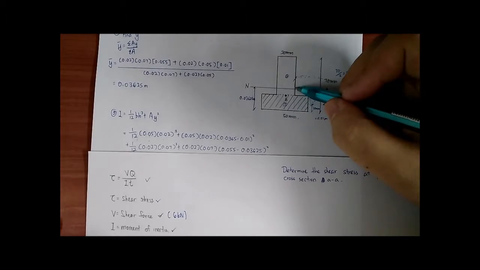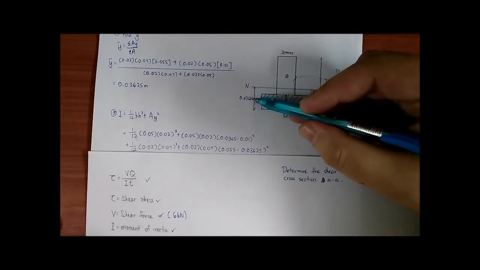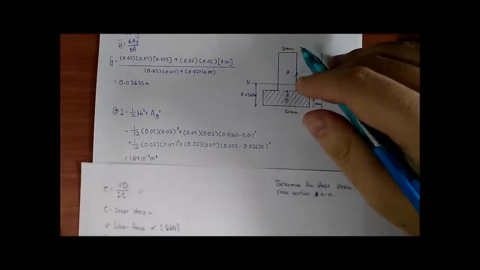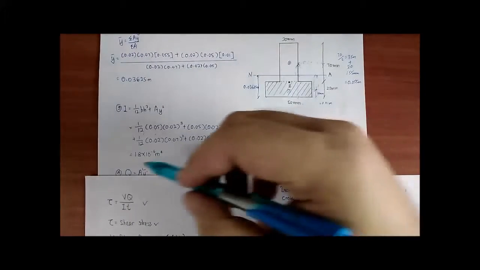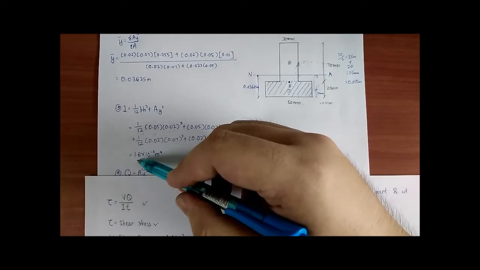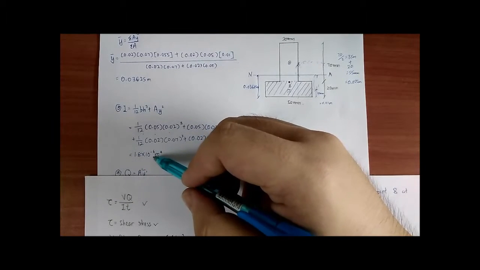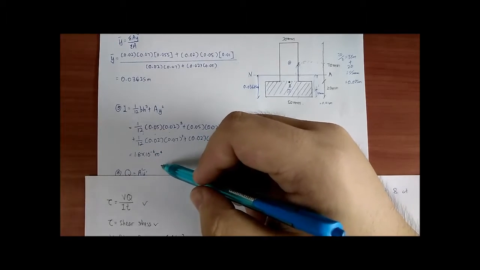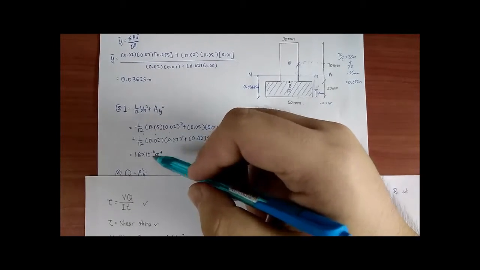So we are only left with this length. So y is this length, and then we need to square it. After we calculate it, we will get 1.8 times 10 power of negative 6 meter power of 4. So this is our moment of inertia.